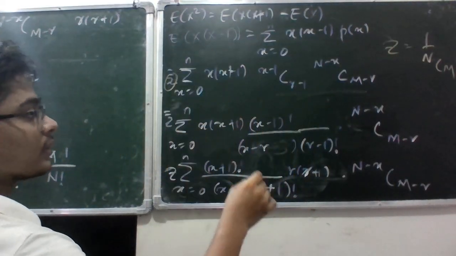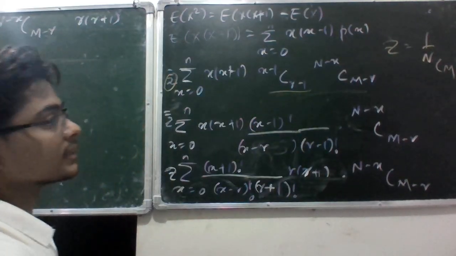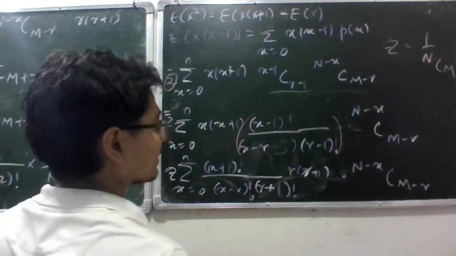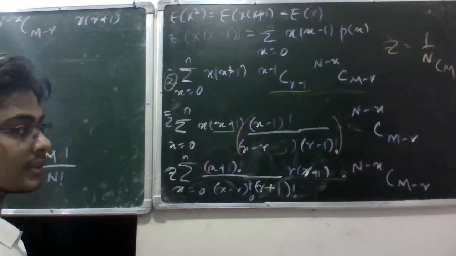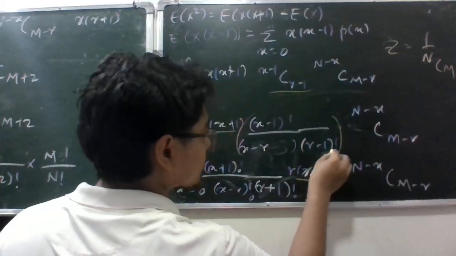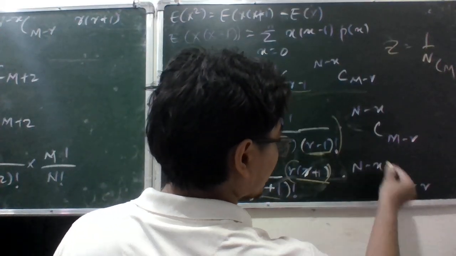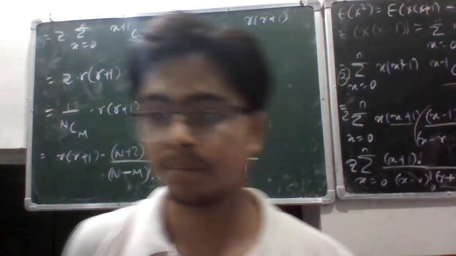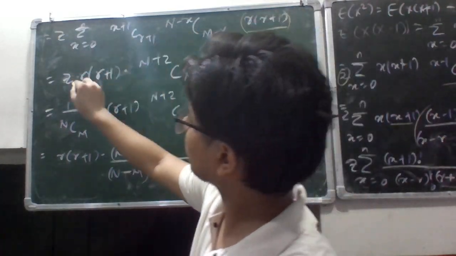Now you want to open this combination form, and after opening this you would get something like this. To cancel x plus 1, we do some rearrangements, then we get r plus 1 to make this r plus 1 factorial, and it's a constant. After that, this is a constant, so we took it out.